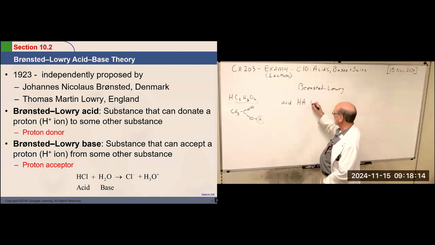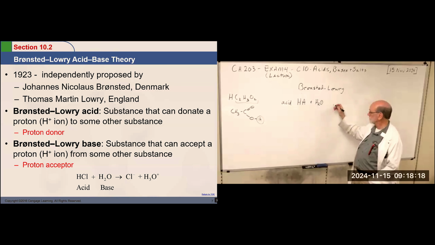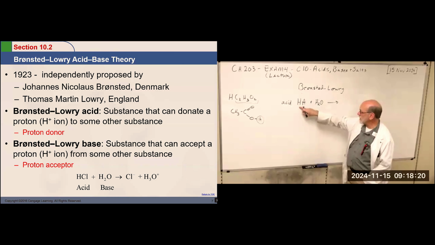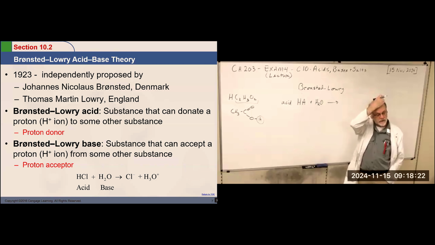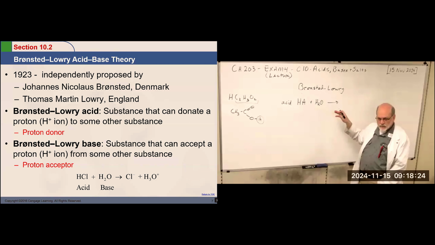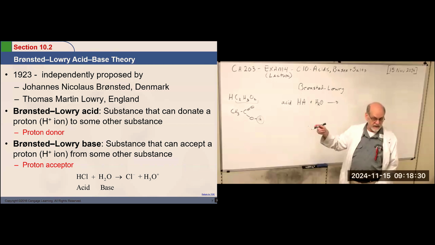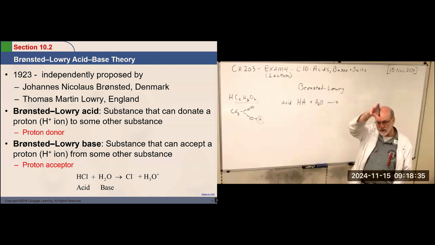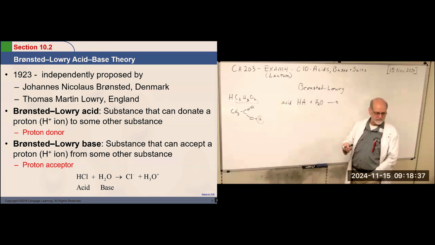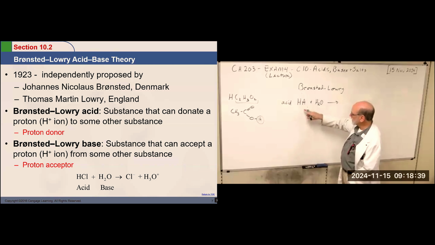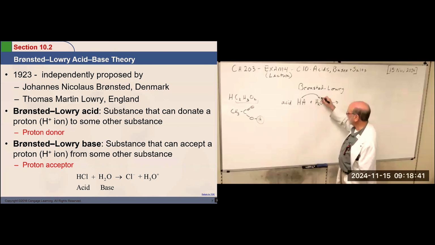So if we put it in water, it actually reacts with water. And it donates that proton to the water molecule. Anytime a proton is created in solution, it's always transferred to something else. Protons never exist independently, just free floating around in the water. It doesn't happen. So this proton then would be donated to that water molecule.